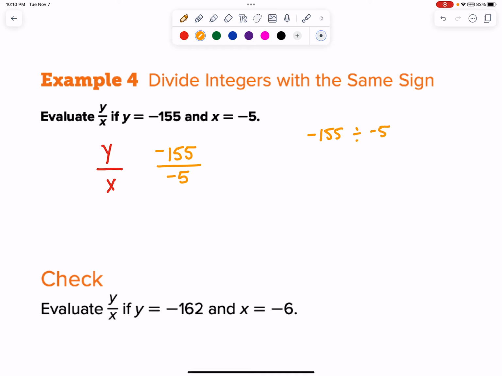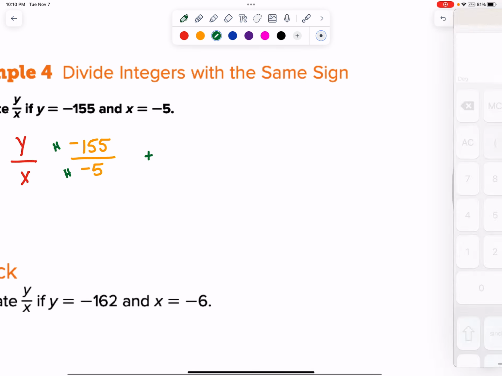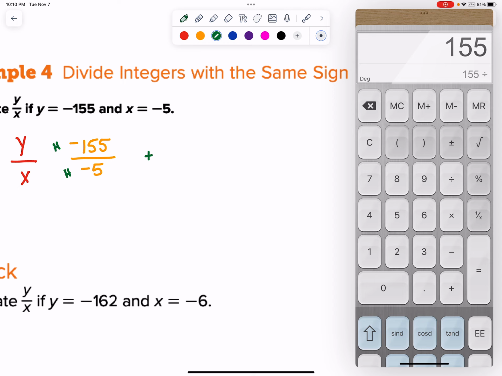Okay, but we're going to use fraction bars or the vinculum way more often. So let's get used to that. So negative 155 divided by negative 5, we have I hate to hate, so I actually love, okay, which is going to be positive. And so we can just do our 155 divided by 5, and we have a positive 31 that we're going to circle.